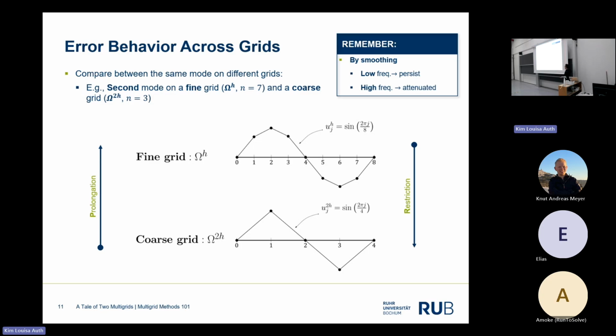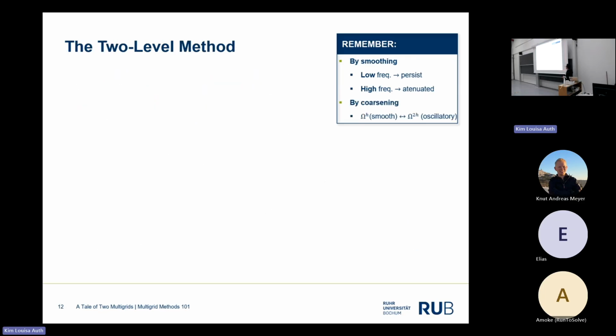And as you can see here, the frequency of the error mode increases as we go from the fine grid to the coarse grid. Therefore, this concludes our second foundation: smooth error on the fine grid becomes oscillatory on the coarse grid. And this again concludes our second foundation in the multigrid method.